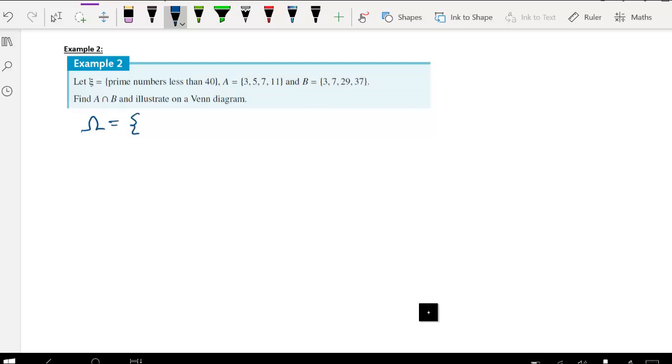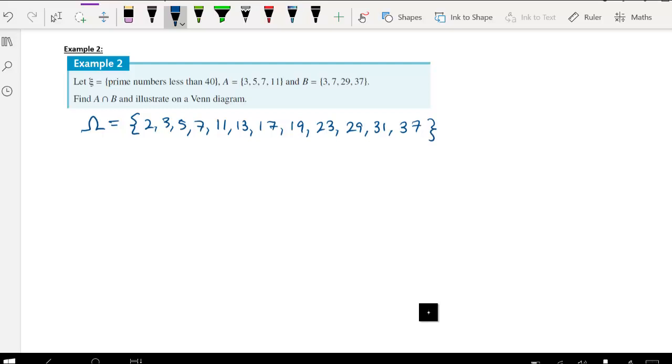So our prime numbers, first one is 2, 3, 5, 7, not 9, 11, 13, not 15, 17, 19, not 21, 23, not 25, not 27, 29, 31, not 33, not 35, 37, and not 39. Okay, so there's our universal set.